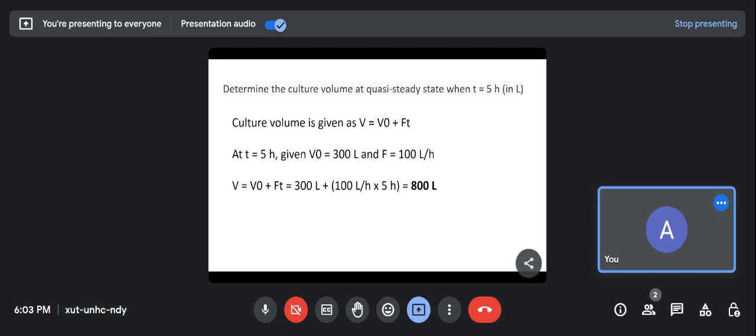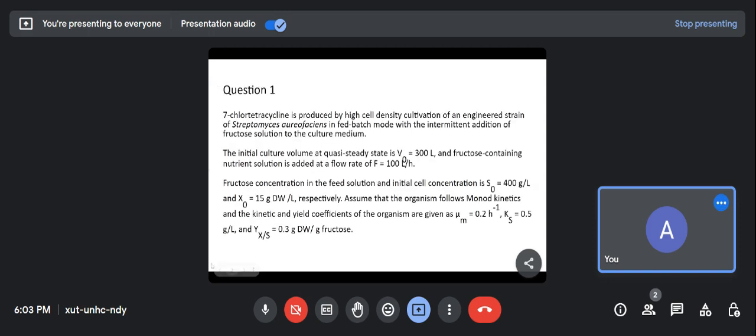So 5 hours have passed since you have started your culture. You have to find out the culture volume, and this is a relatively easy question. So you started off, wait, let me just use the pointer. Okay, so you started off with the initial volume of 300 liters. And each hour you will add 100 liters due to it being a fed batch.